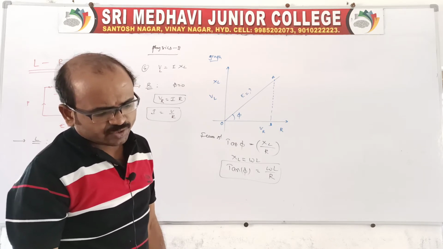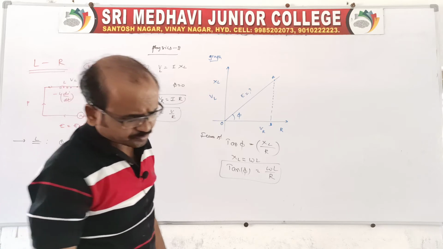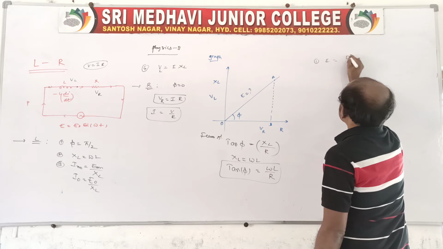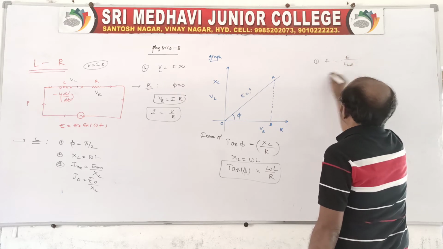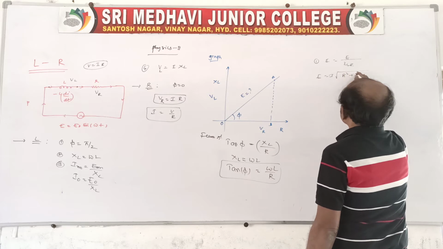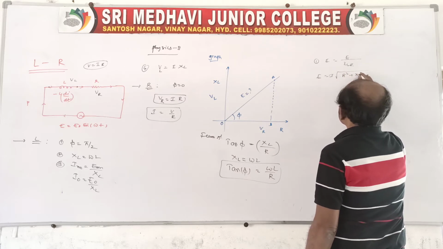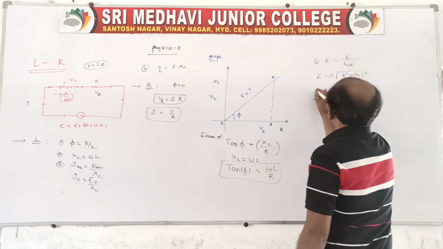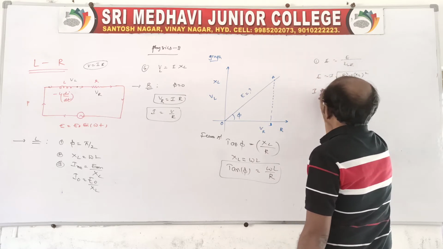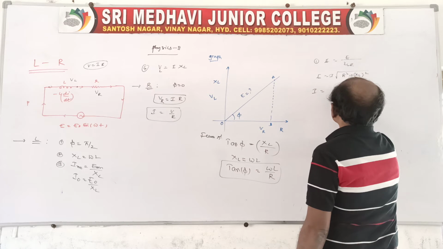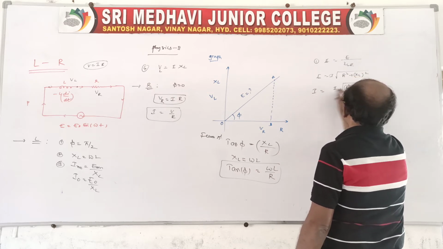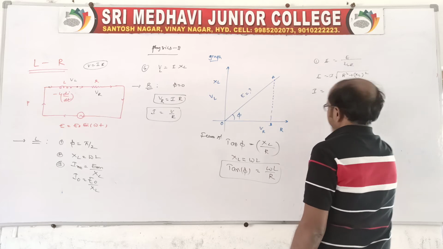Now, let me say about the current. The current I is equal to E by ZLR, right? But we know E is equal to I into root over R square plus XL whole square. Here you write I is equal to, because now I am saying current through the circuit, I into root over R square plus XL whole square by ZLR.